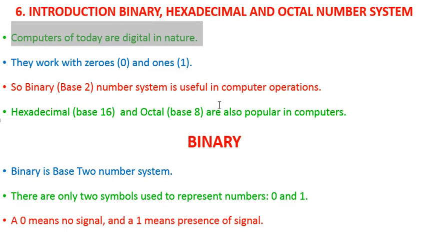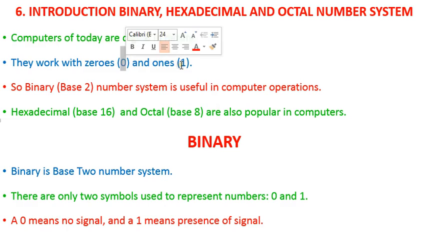And I told you a digital computer is a computer that represents data in discrete form, and it has 2 states. It is either high or low, on or off, and these are represented by either 0 or 1.